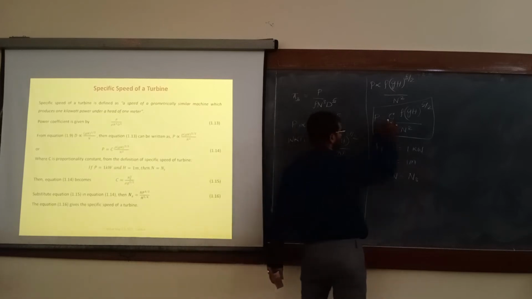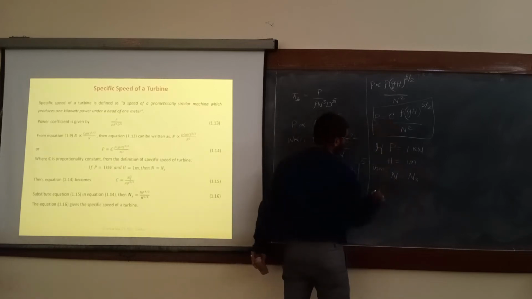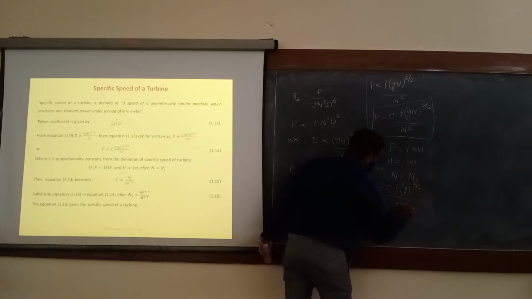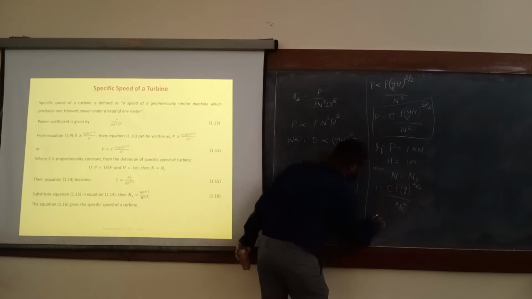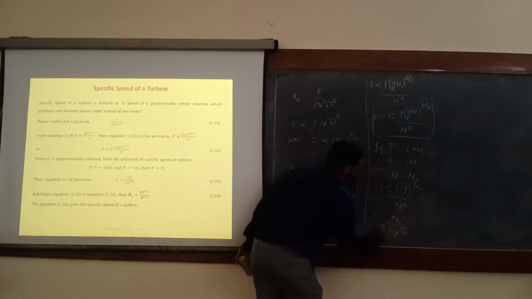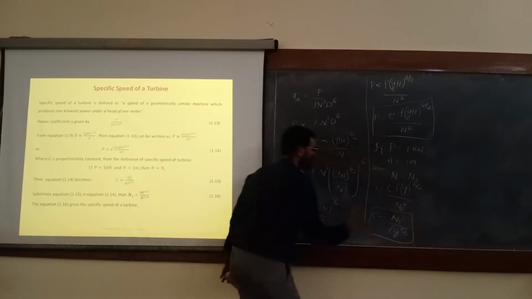Substituting in this equation, 1 kilowatt equals C rho g H to the power of 5 by 2 divided by ns square. Then the value of C is ns square divided by rho g to the power of 5 by 2.